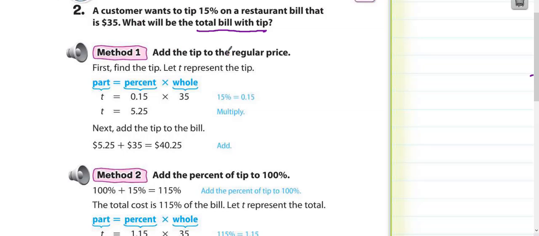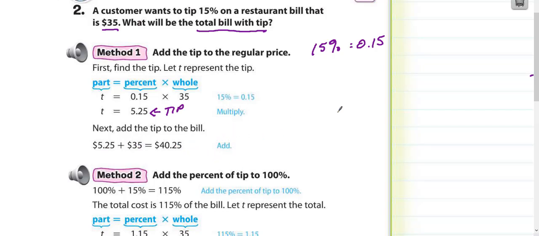One is to add the tip to the price. So the bill was $35. Take the 35, our 15%, remember, that becomes 0.15. Multiply it by 35, you get the amount of the tip. This is just the tip now. And you add it to the bill, you get $40.25.